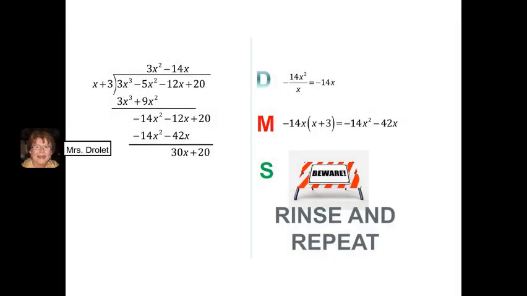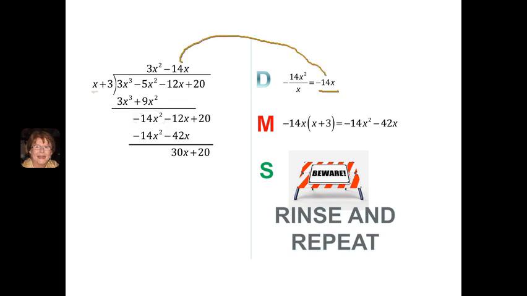I rinse and repeat by working on my division first. So I take my dividend, negative 14x squared, I divide it by the first expression in my divisor. Negative 14x squared divided by x will give to me negative 14x. Where do I place that?